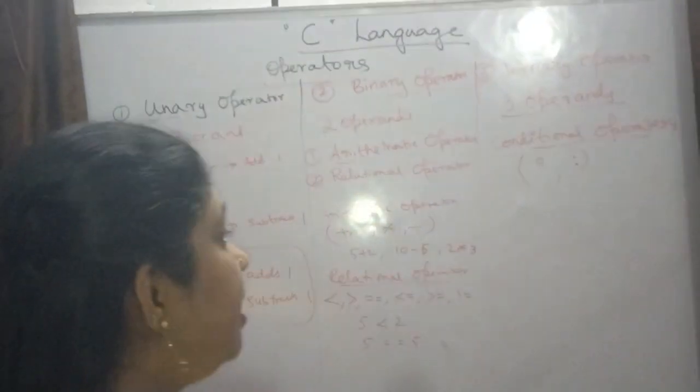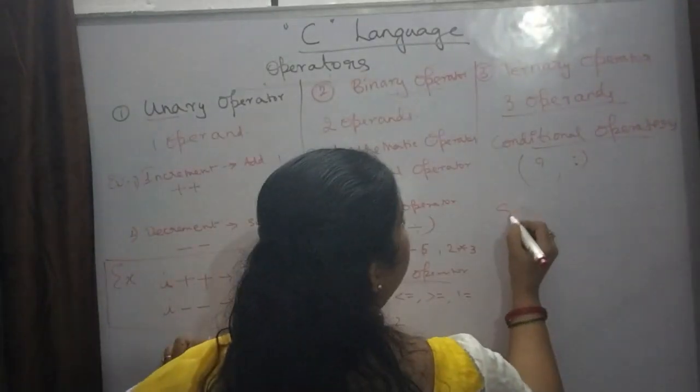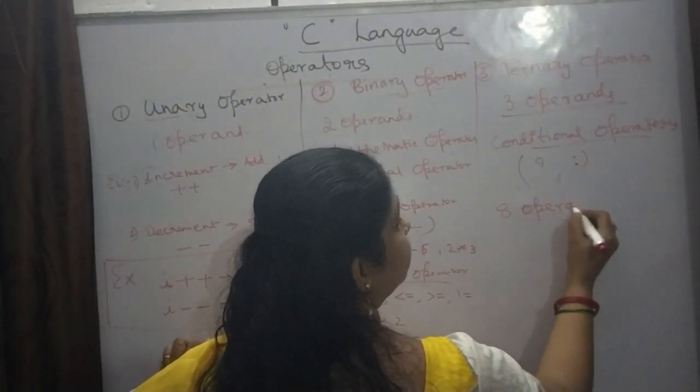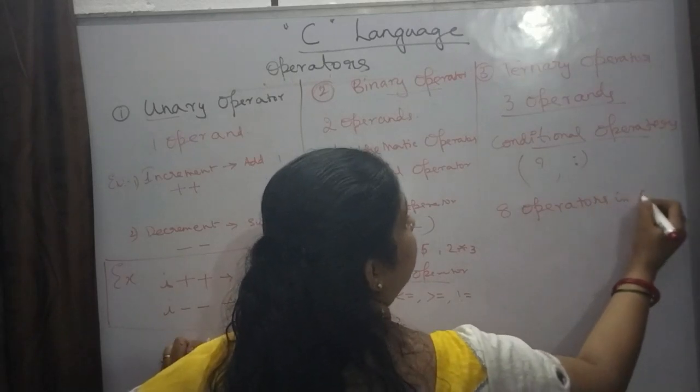Other than this, there are altogether 8 operators in the C language.